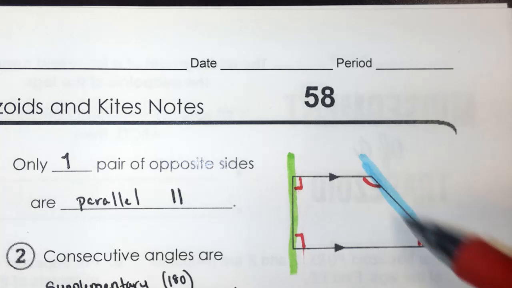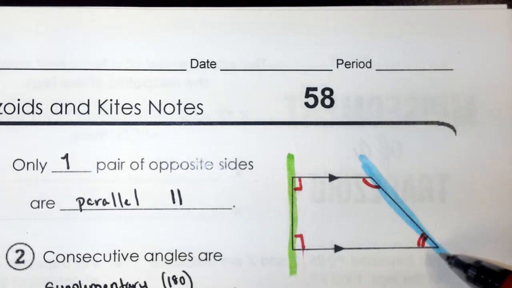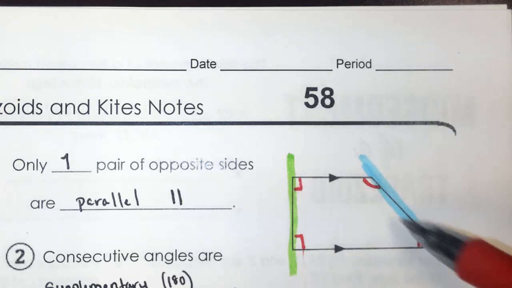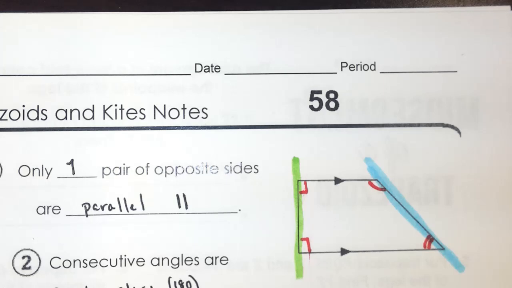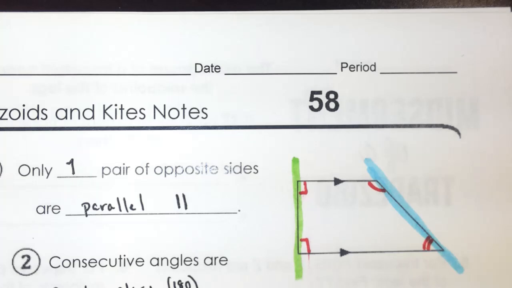They would add up to 180 this way. But it wouldn't be 180 this way, like down here at the bottom. These two would not add up to 180, and these two right here would not either. Only this way and this way on this one. That's the main difference between this and the parallelogram, which I showed you all last week and yesterday too. It's only consecutive here and here, not all the way around.